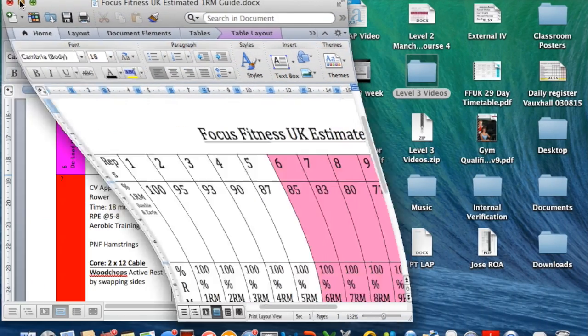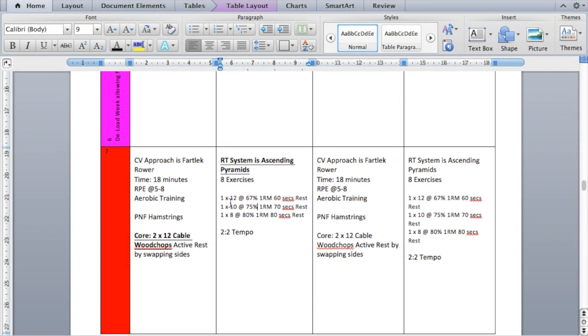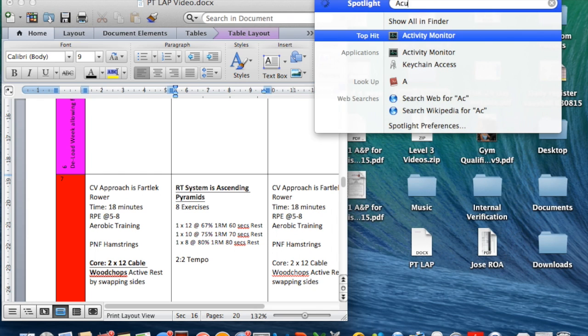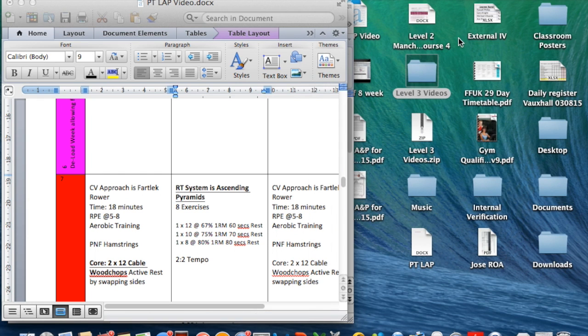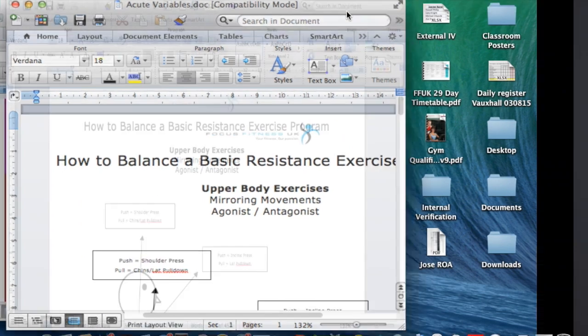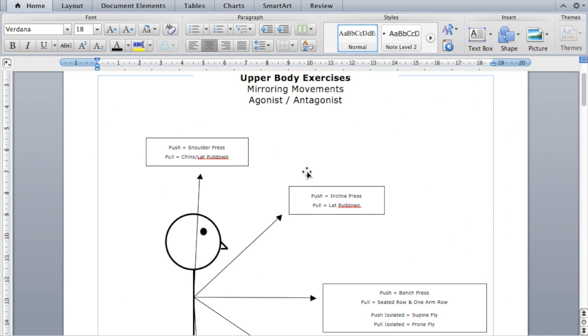If we now revert back to the case study, that's shown you where I've got the percentage of the 1RM from. Your tutor will also give you access to the acute variables document. Now this document has lots of information on it.